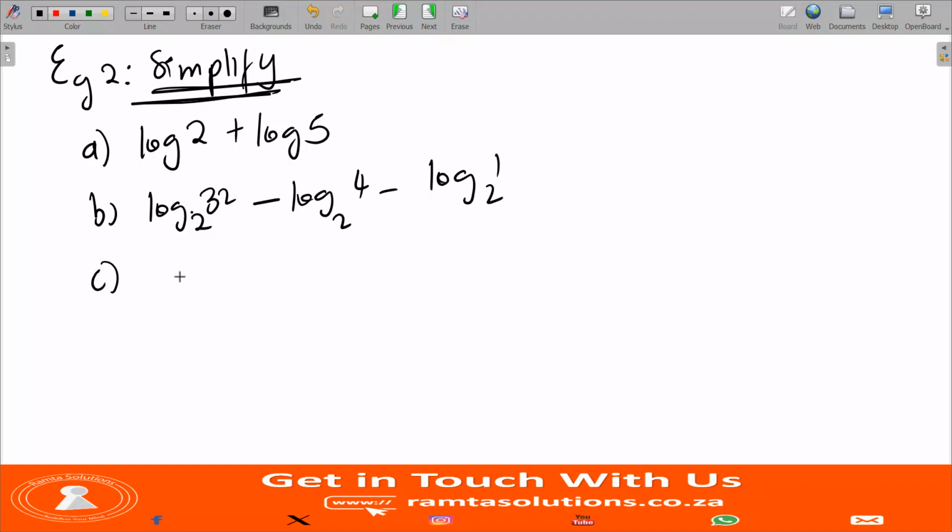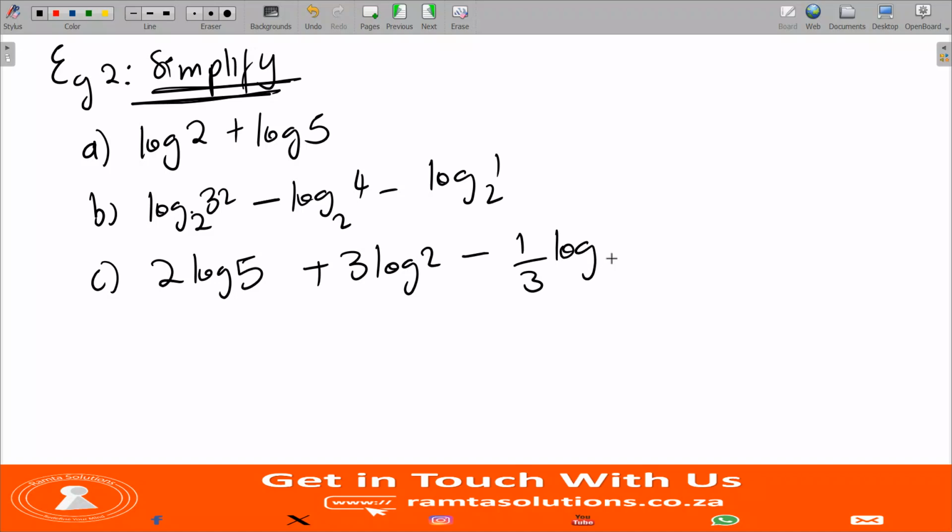C will be 2 log 5 plus 3 log 2 minus 1 over 3 log 8.